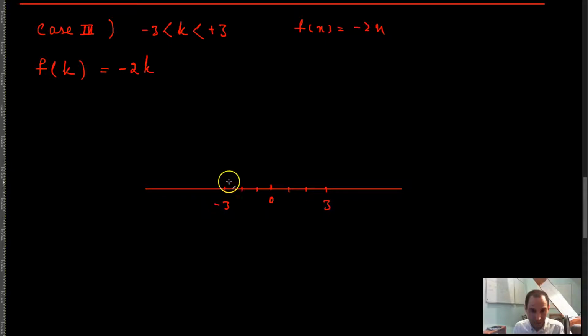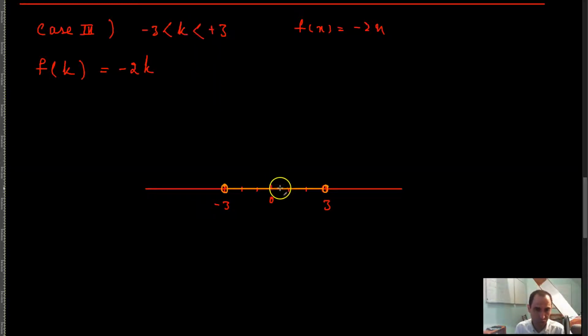And x is some value between -3 and +3, so these are the possible values of x. Of course, -3 and +3 are not members of this interval.